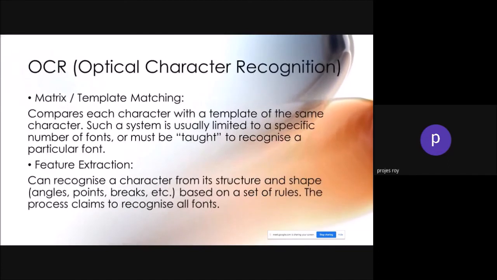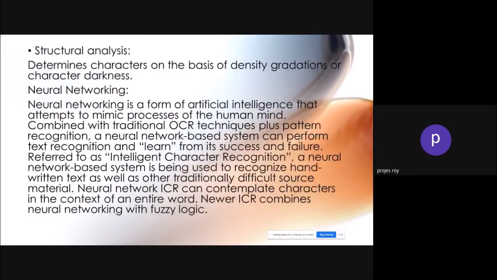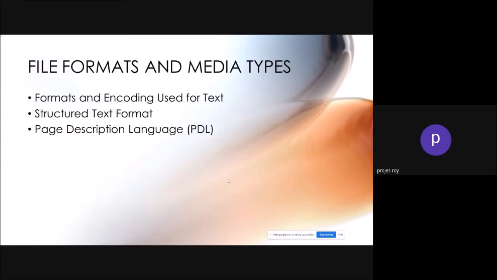Then OCR, optical character recognition, you all know everything. Then matrix template matching, it has feature extraction also. It has structural analysis also, and it has a neural networking system. So you can transmit things with fuzzy logic in the image.